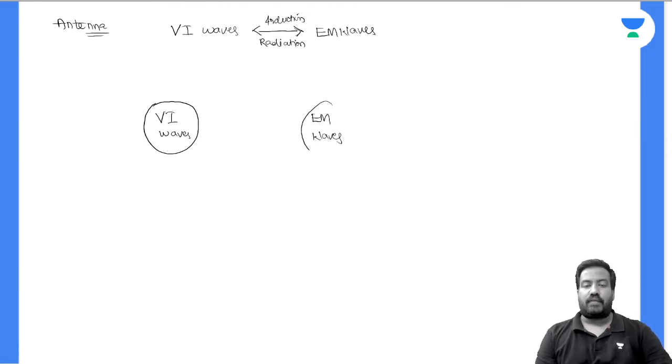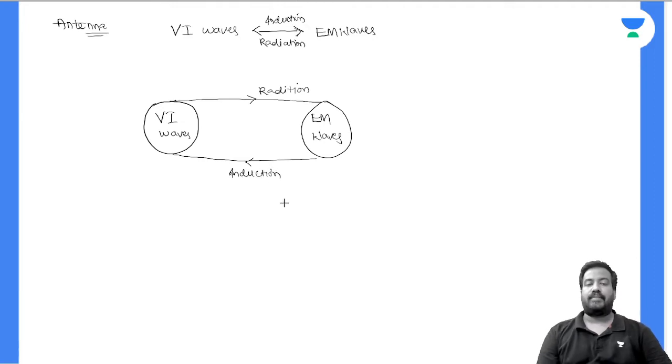We say the antenna is radiating. The process of conversion of EM waves to V-I waves is called induction.